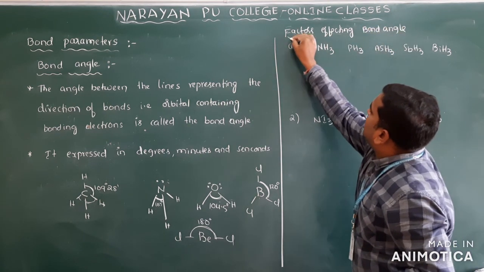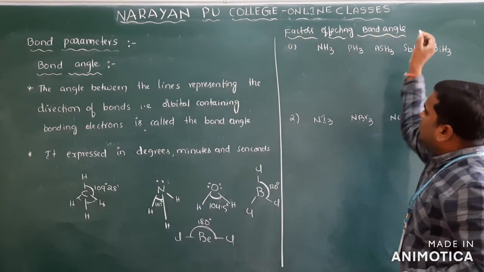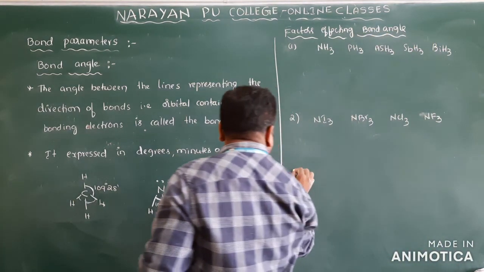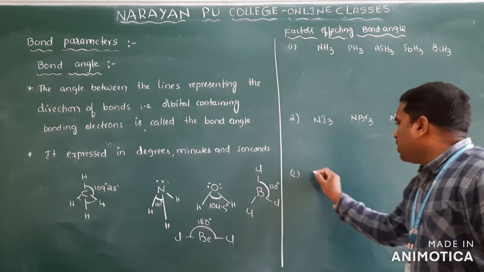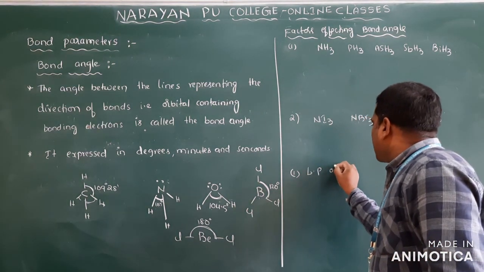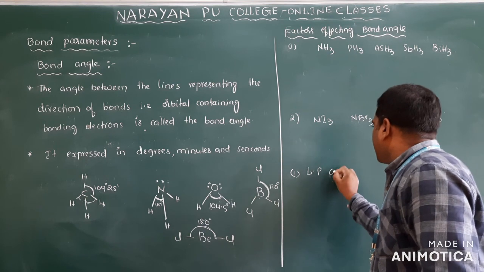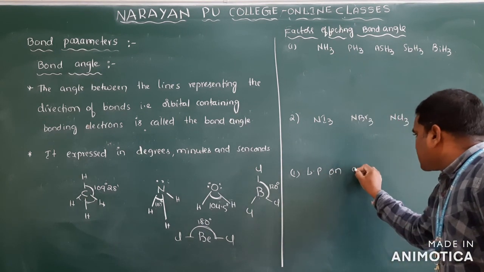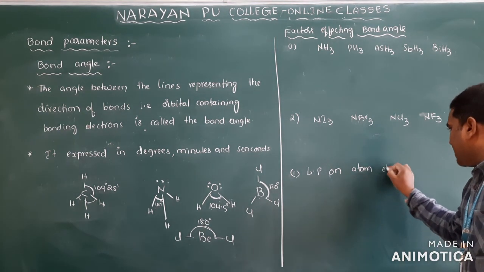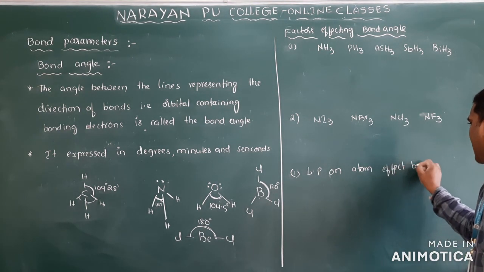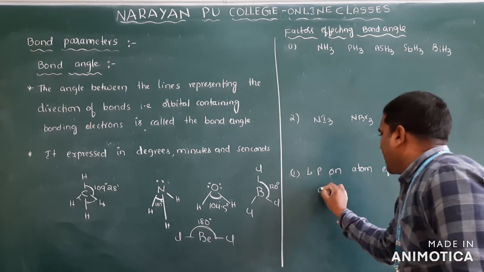Clear? Factors affecting the bond angle. So what is the first point here? Lone pairs on atoms. Lone pairs on atoms affect the bond angle.